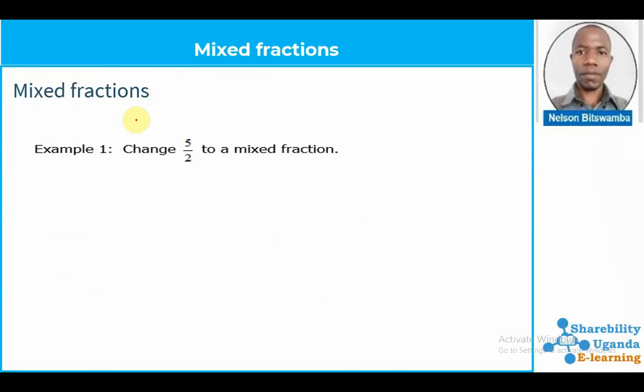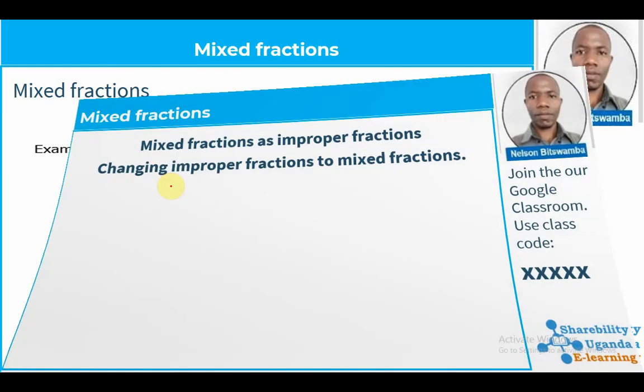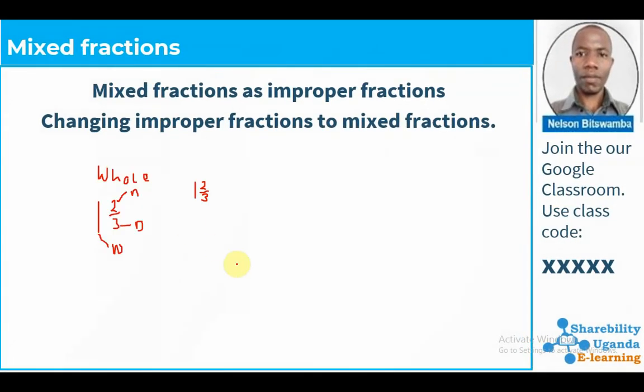For example, we have example one. They are telling us to change 5 out of 2 to a mixed fraction. To demonstrate more, this is a whole number, this is a numerator, and this is a denominator.